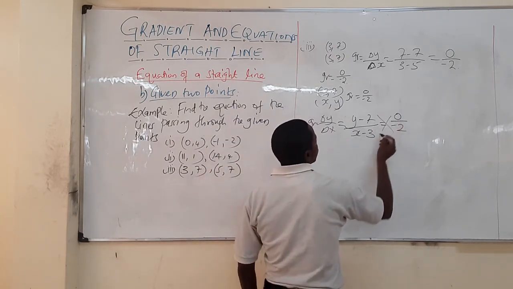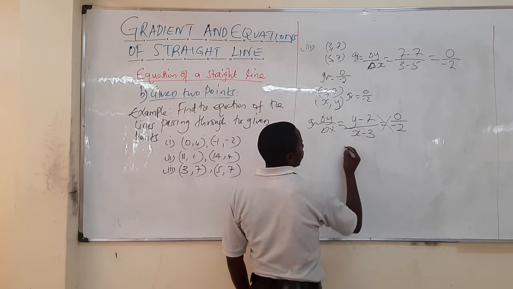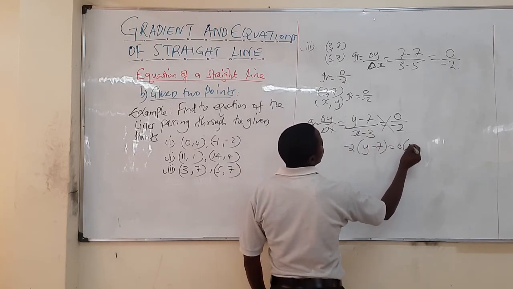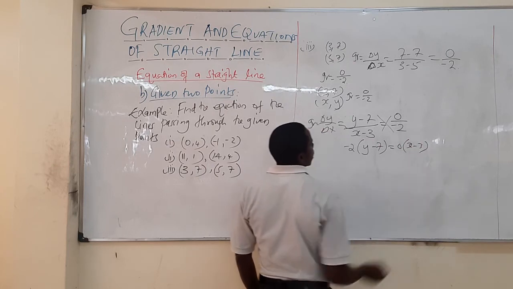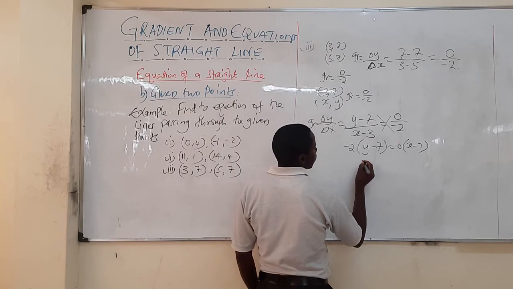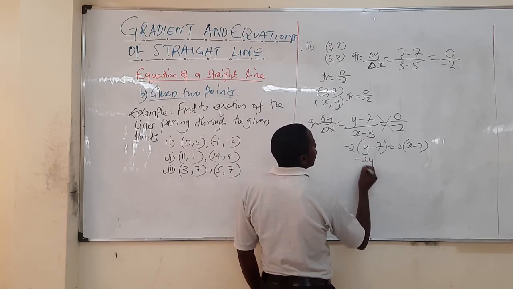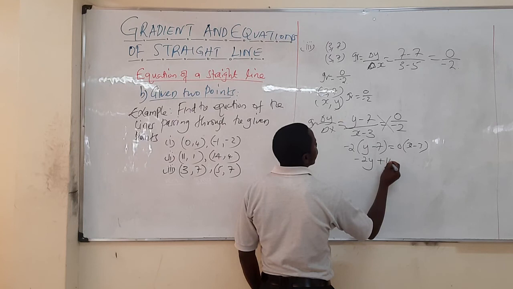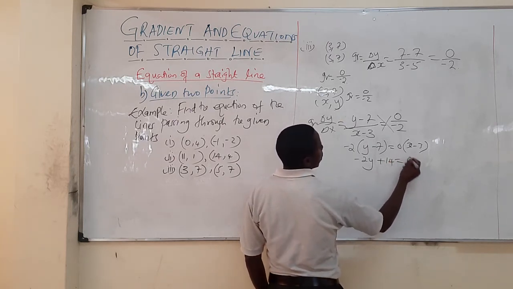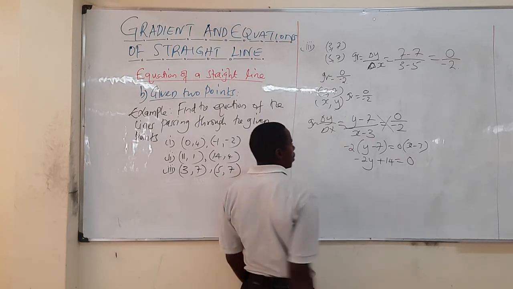Then you also cross multiply to get minus 2 times y minus 7 is equal to 0 times x minus 3. So minus 2 times y, we have minus 2y plus 14 is going to give us 0. Anything times 0 is 0.